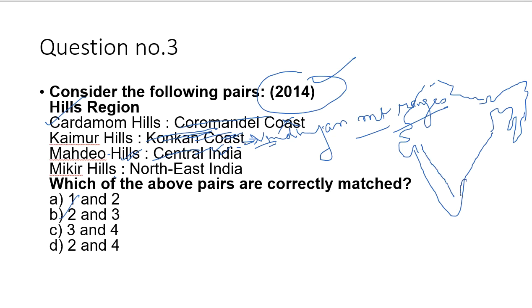This particular coast, the Tamil Nadu coast, is called the Coromandel coast, and this coast is called the Konkan coast, right? Now, the Cardamom Hills are in the Western Ghats. This is the Western Ghats here. So the Cardamom Hills are part of the Western Ghats.